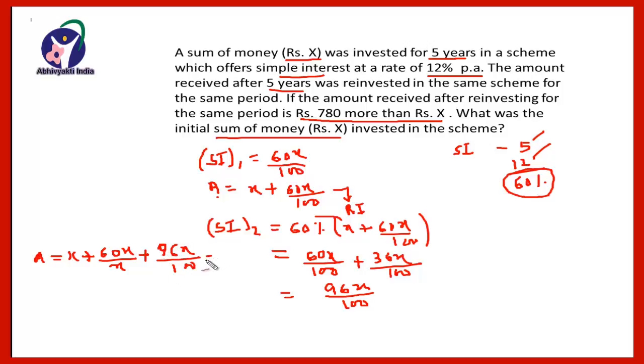And it is given that this is equal to 780 more than X, so it will be equal to X plus 780.